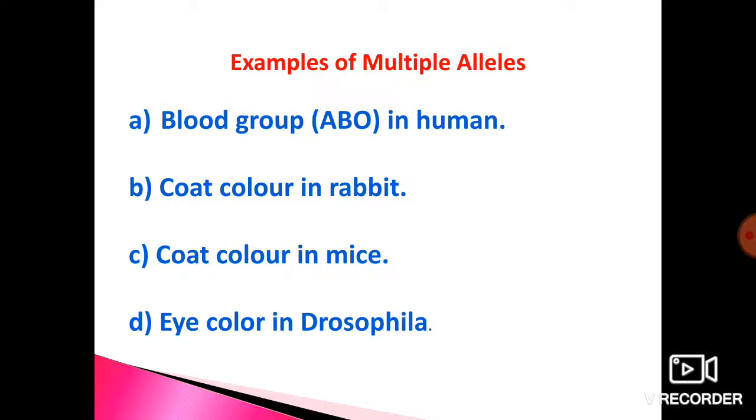Okay, so I'll explain multiple allelism with 2 of the most important examples. One is the blood group in human beings, and the other is the coat color in rabbit. Because if you understand even one properly, everything else follows the same principle.